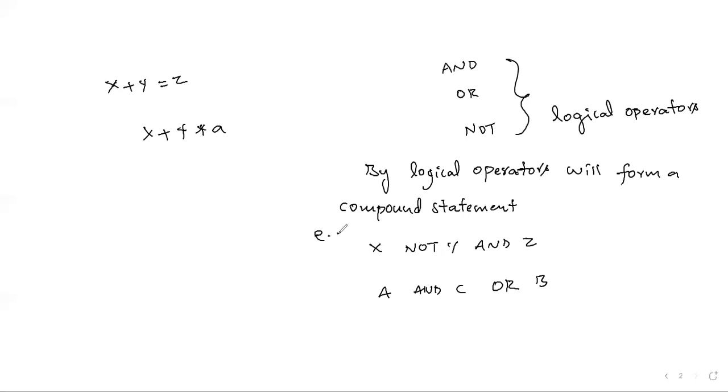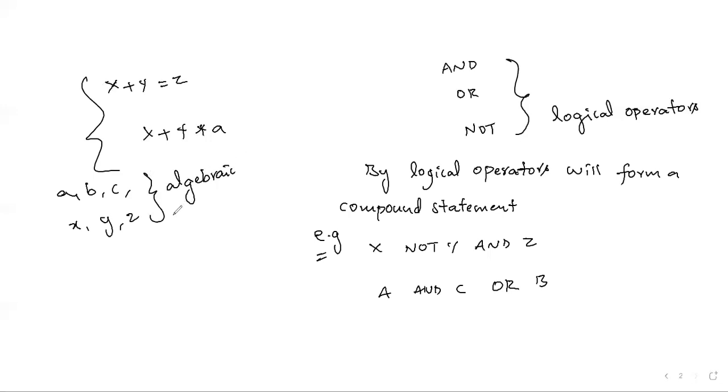So these are the examples we have for this. Logical operators are used to form the compound statement. In general mathematics, A, B, C, X, Y, Z, all these are algebraic variables.